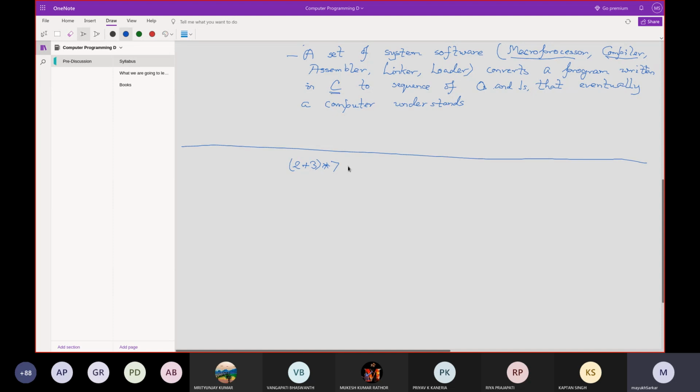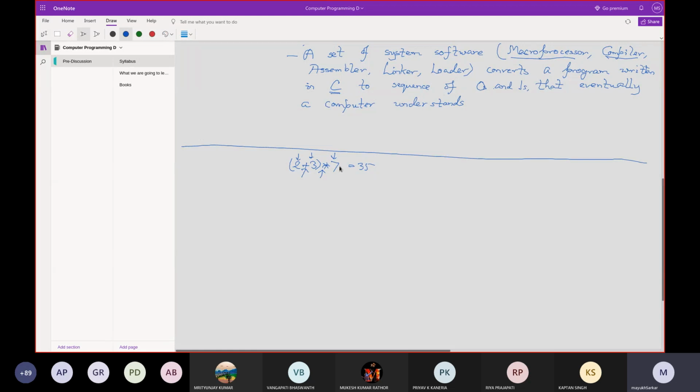In fact, the way we calculate, the computer also calculates it, and it will give the correct output of 35. But here the concept is that these 2, 3 and 7 are operands. This plus and multiplication are operators, right?